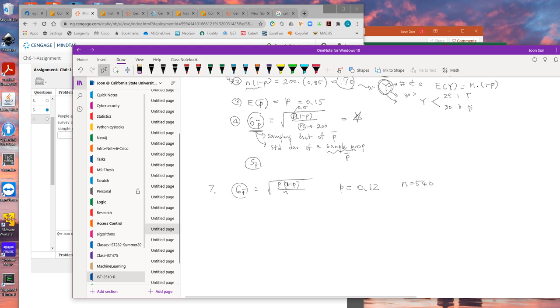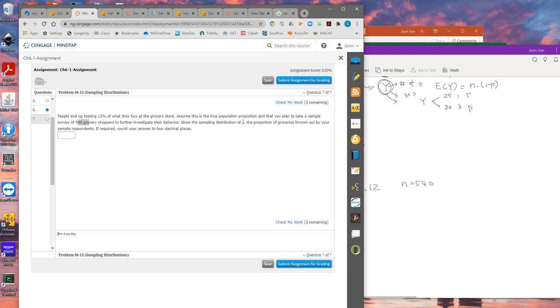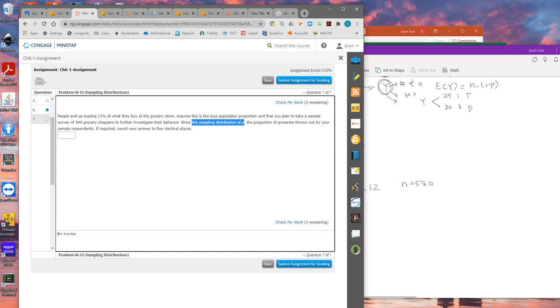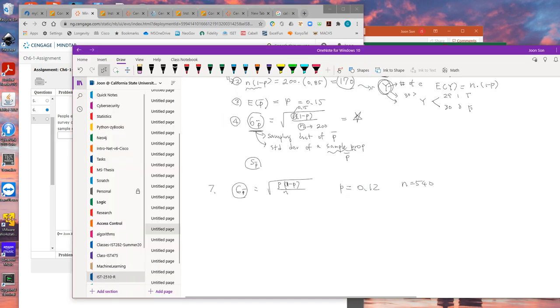So you can get the sigma of p prime, which is the standard deviation of the sample proportion.